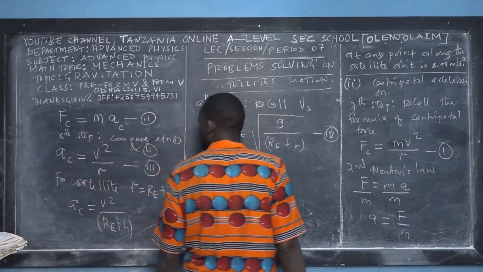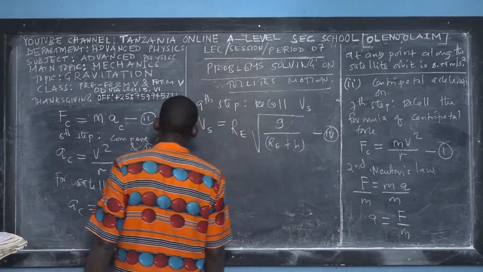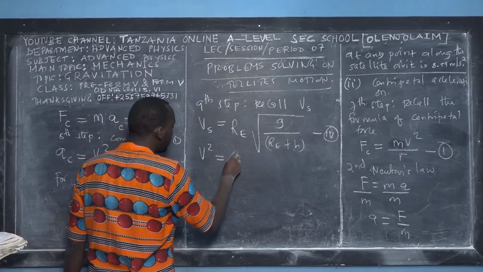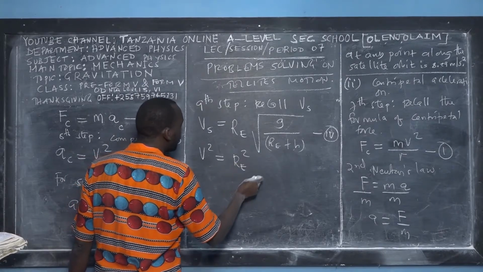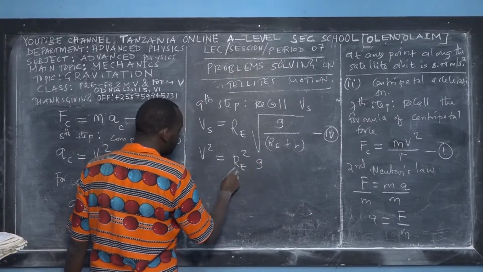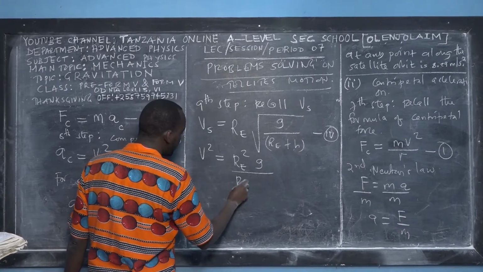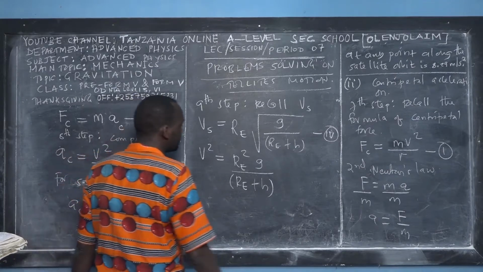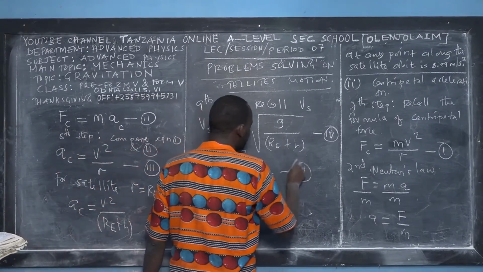So if this is the case now, if you find the square of the velocity from this formula, we'll get v square equals g times radius of the Earth squared, over radius of the Earth plus height h. So this will be the 5th equation.